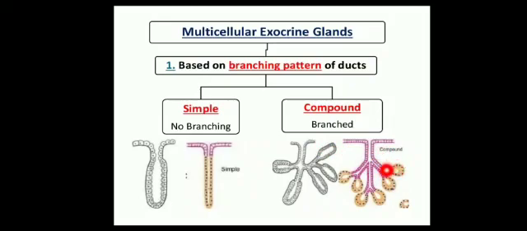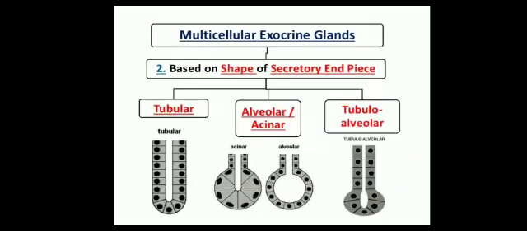These ducts take secretion from the secretory end, and then these ducts combine to form a single main duct which pours the secretions outside. So no branching, simple glands, and with branching, compound glands.